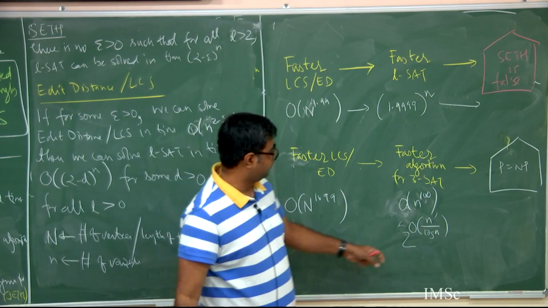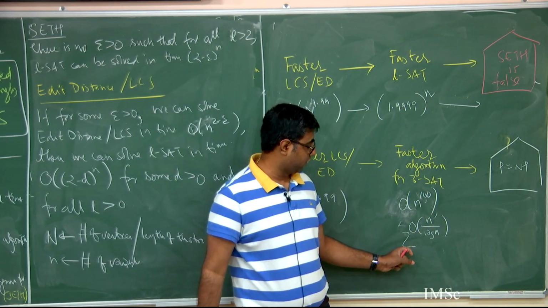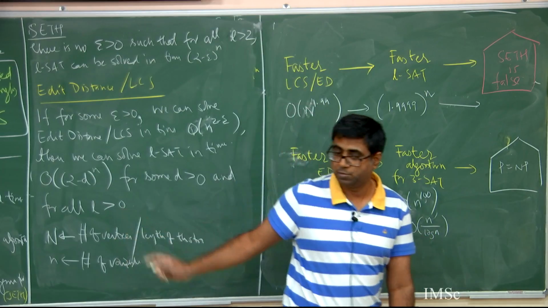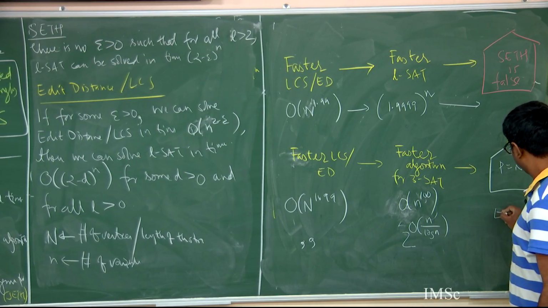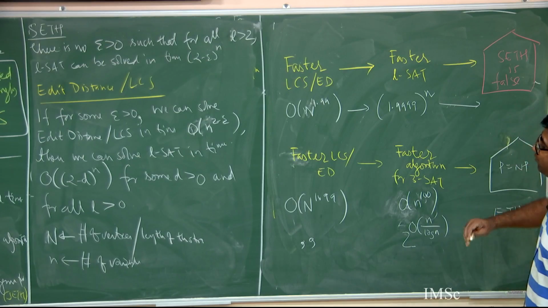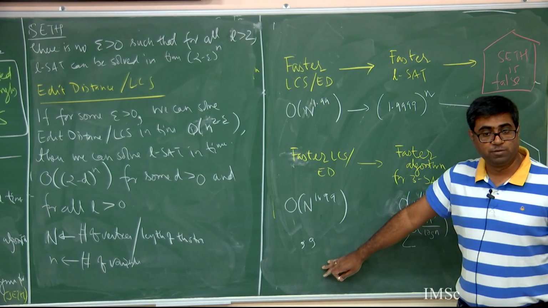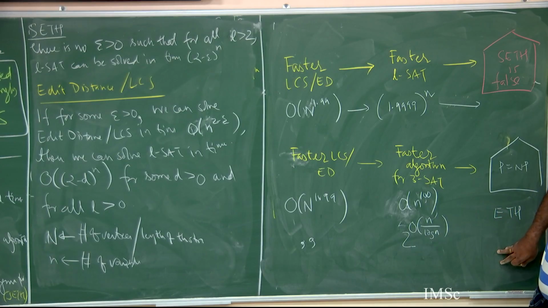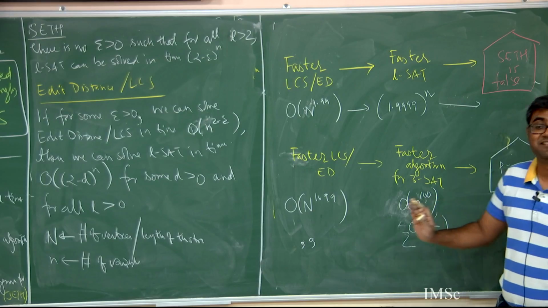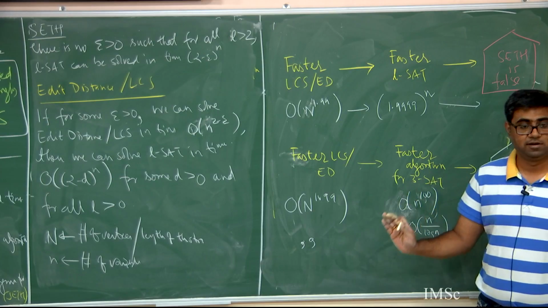It implies an algorithm for 3 SAT which runs in time 2 to the power big O of n log n. What fails? ETH fails, right. So there are different ways of starting and ending up contradicting; they are all closely related to each other.